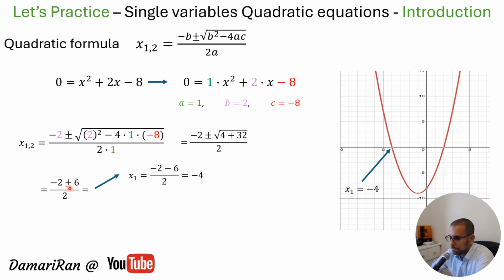So -2 minus 6, it's what we have right here, is equal to -4, right? So that is the first solution. And -2 plus 6 is 2, the second solution. So this is briefly how we are using the quadratic formula, and we're going to expand on it on practice 3 and 4 and 5.